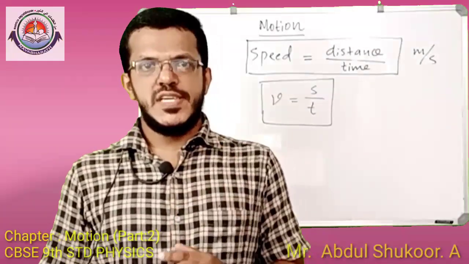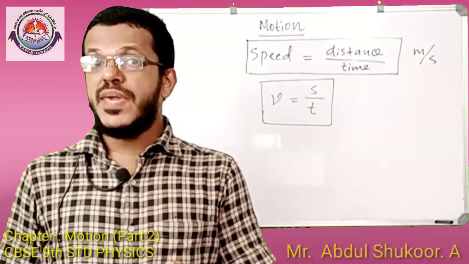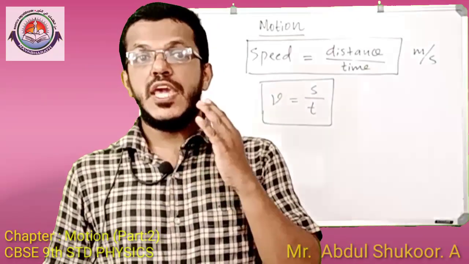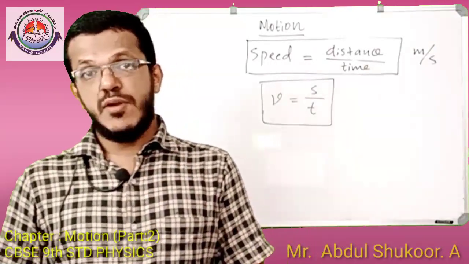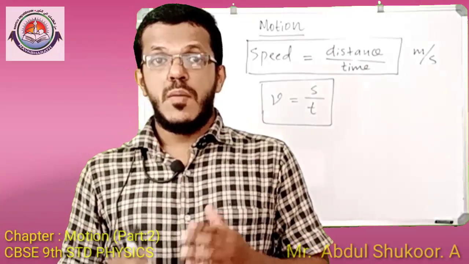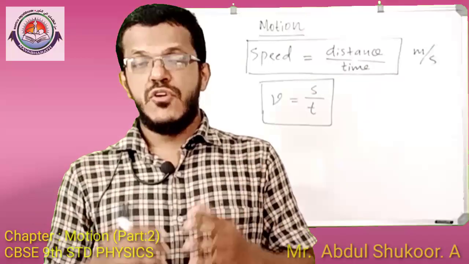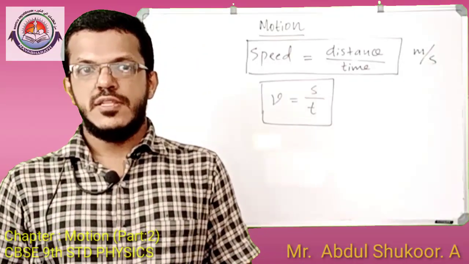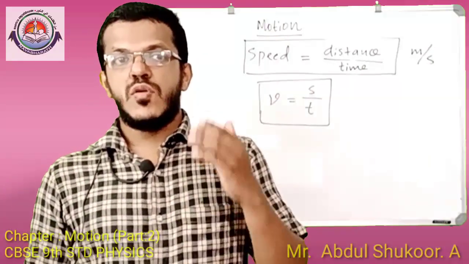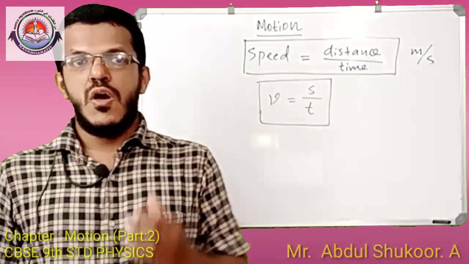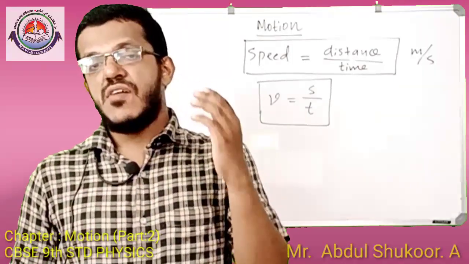In some situations, the speed of the object need not be constant. In most cases, objects will be in non-uniform motion. In our day-to-day life, we can see that objects move in non-uniform motion, isn't it? Therefore, we describe the rate of motion of an object in terms of its average speed.